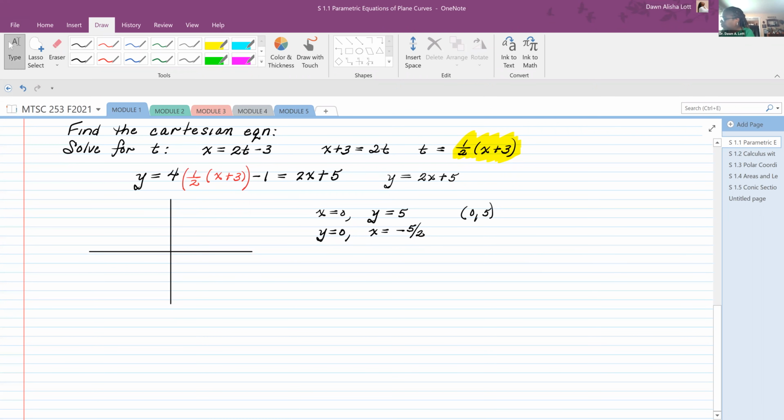So we have the points (0, 5) and (-5/2, 0).